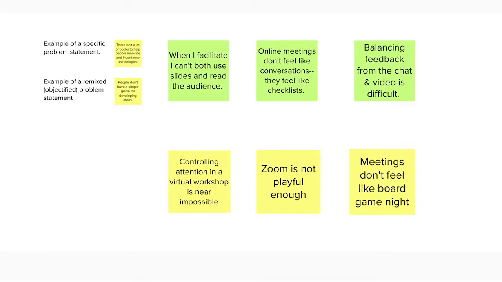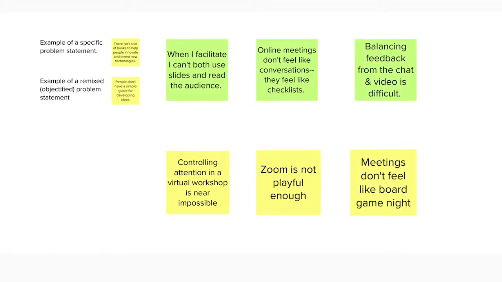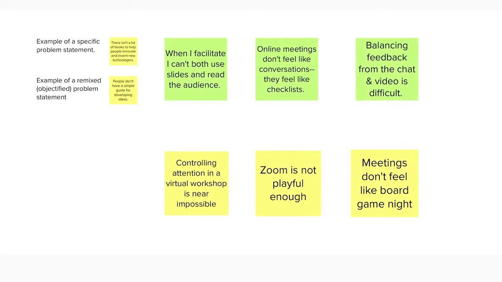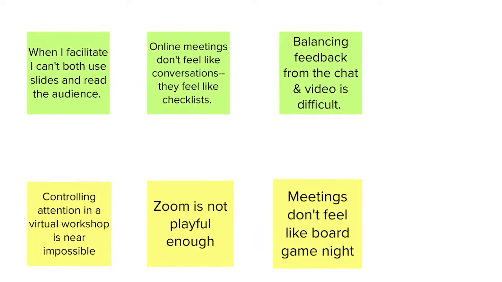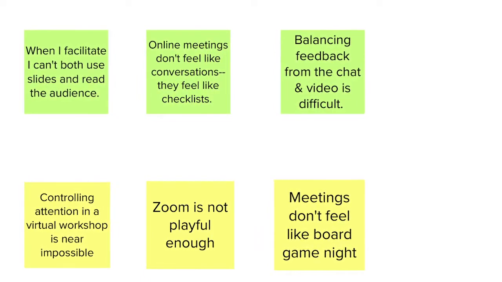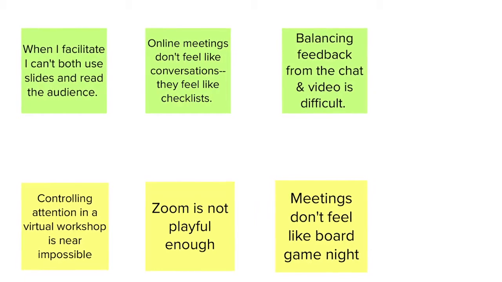That makes sense. But in step 1, we're going to abstract that problem to a higher altitude. For example, one of the stickies is "meetings don't feel like board game night." That's more abstract than the specific problem I mentioned earlier. Or "balancing feedback from the chat and video is difficult." These are obviously much higher level, and that is a great example.